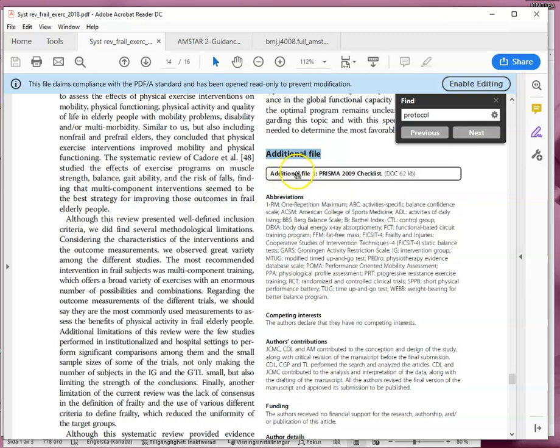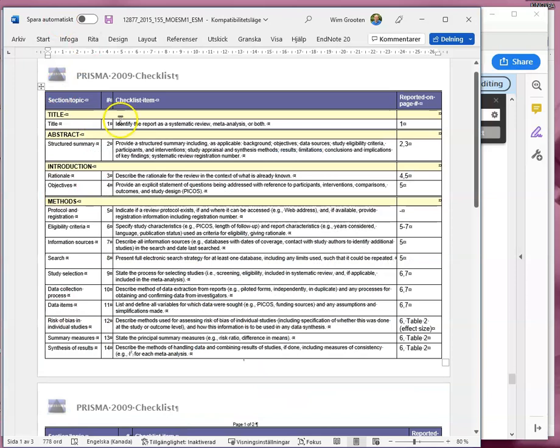But if I push on this one, I will see the checklist, and I have already downloaded it before I started. The PRISMA checklist is very nice, because here you have the main parts that should be written in a systematic review, and then you can find where it reports risk of bias, the study selections.